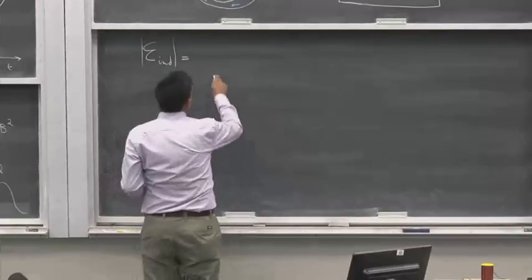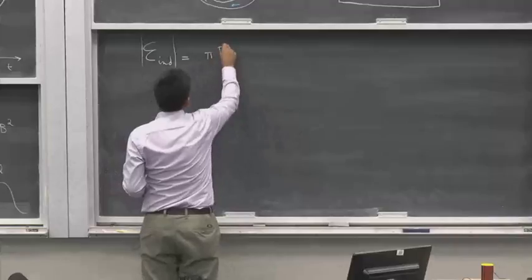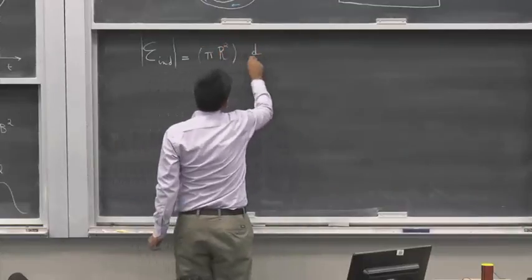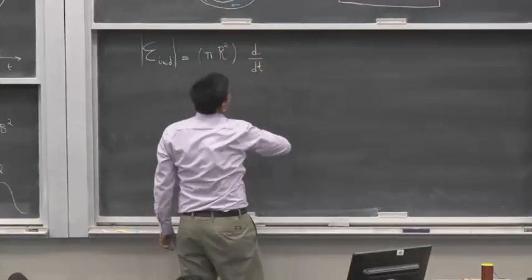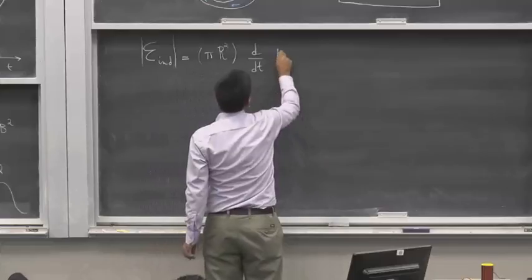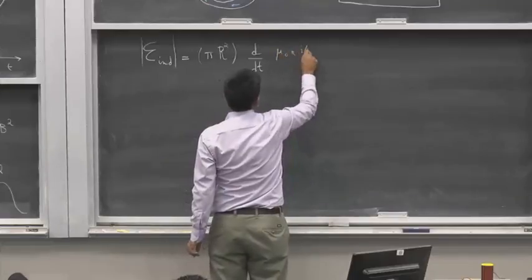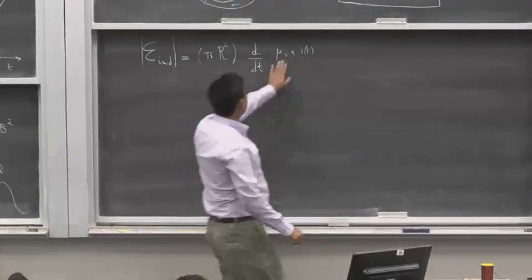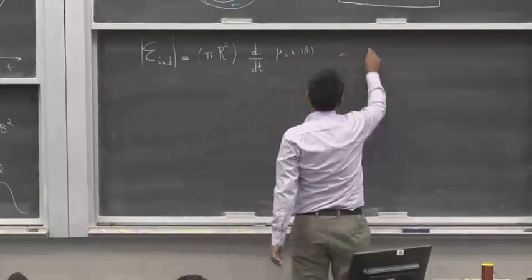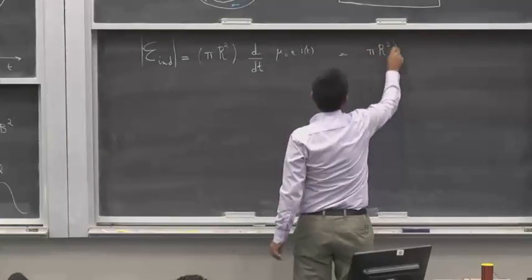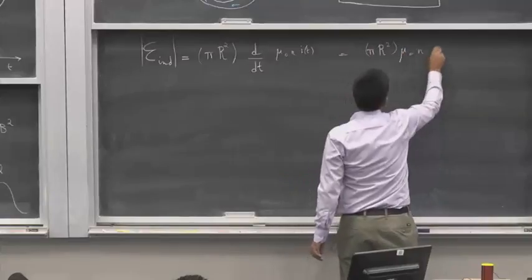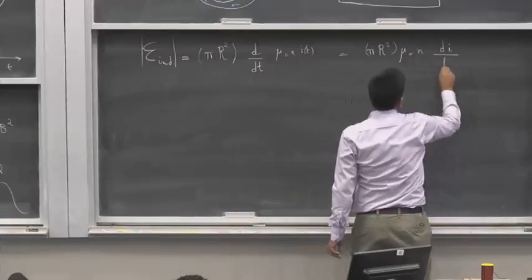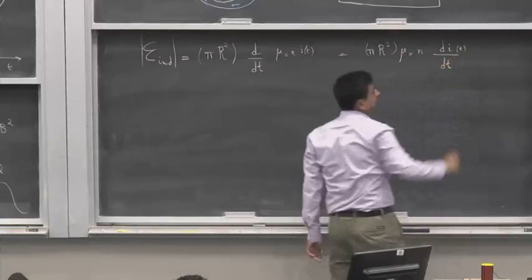This is given by pi r squared times d by dt of the changing magnetic field, which is mu naught n I(t). Now mu naught n is a constant, so I have pi r squared mu naught n di by dt, the rate of change of current.